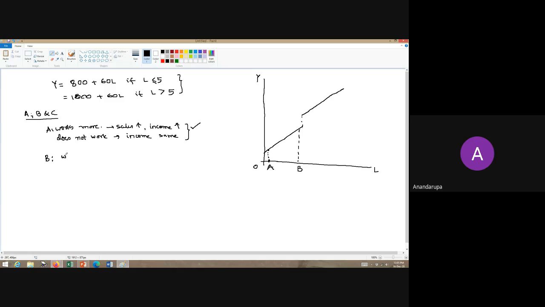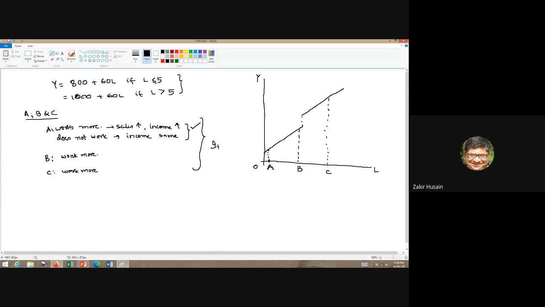Then he will get a leap of 200 rupees extra. Okay. So B will also work more. And let us say that C is somewhere over here. What will C do? It is the same, sales mode. So each of them will work more.